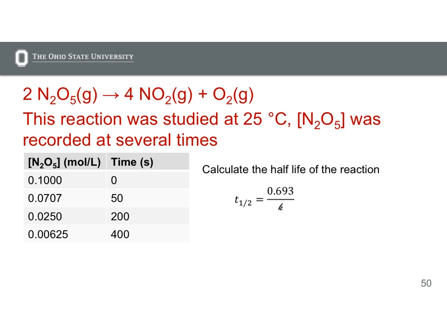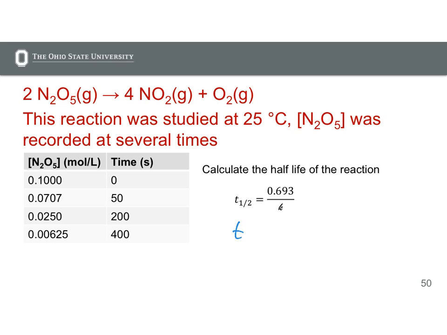Next we can calculate the half-life of the reaction. Yes? Could you just plug it into the equation? You could. Yeah, because that's the same. It's going to give you the same thing. We hope. Okay, so calculate the half-life. First order half-life calculations are super nice. You only need to know the rate constant.